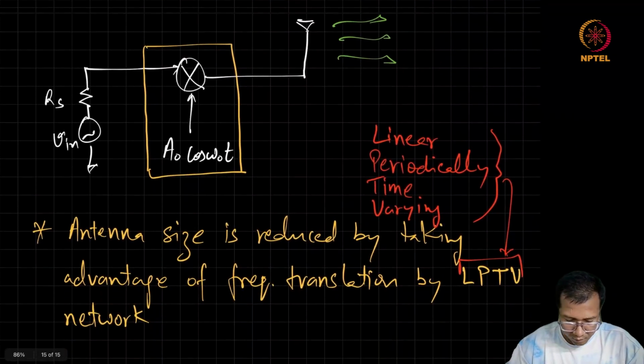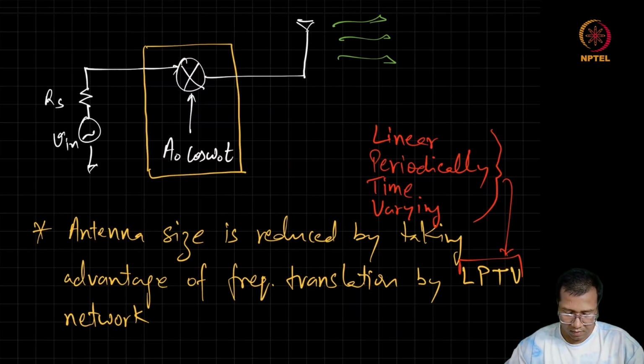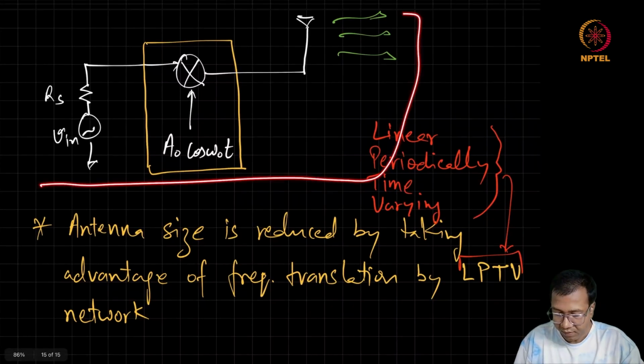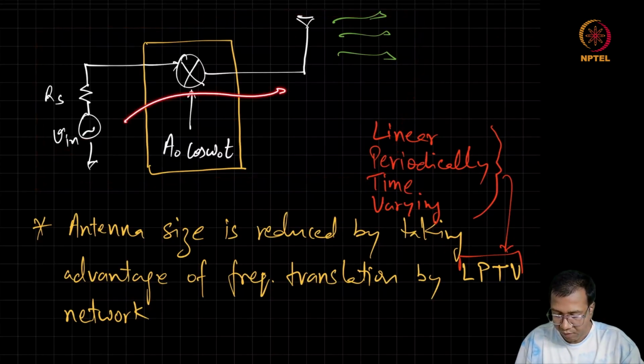So from now onwards, we will use this approach for frequency translation, and we will try to see which practical problems we are going to face. So here we have looked at a simple transmitter design where the signal at a very small low frequency can be converted to a higher frequency and then radiated efficiently by a compact antenna.